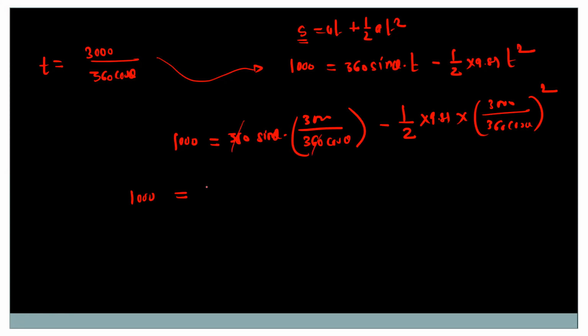So the remaining value here is 3000 into sin upon cos, that is tan theta, minus 9.81 by 2, so this will become 4.905, divided by, 3000 upon 360, so this is 8.33 bracket square.